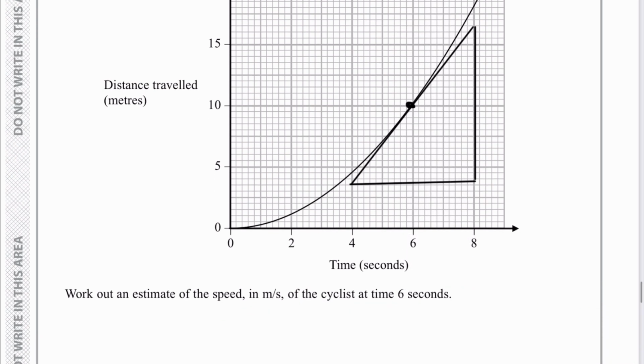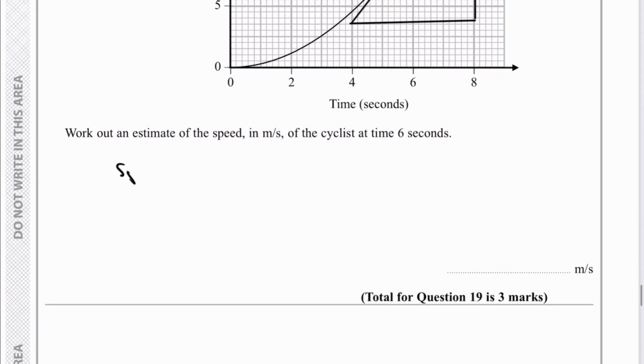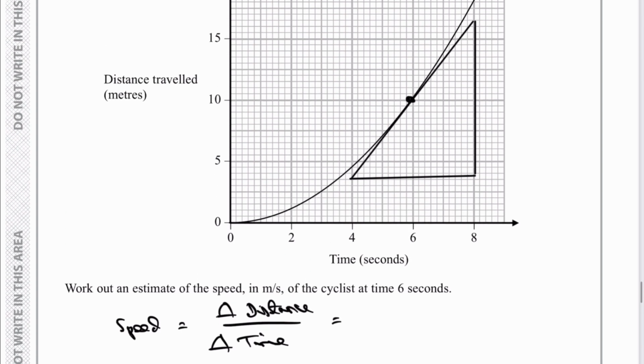I'm just going to write at the bottom here that speed equals delta distance, which just means change in distance, divided by delta time. It just makes my thinking a little bit easier. Bear in mind these are higher level questions, so they are a little bit trickier to deal with.